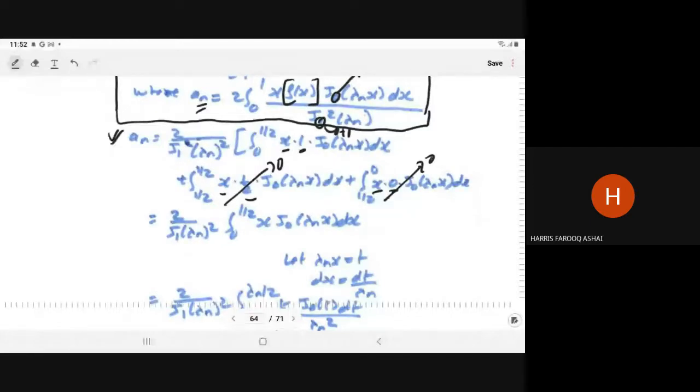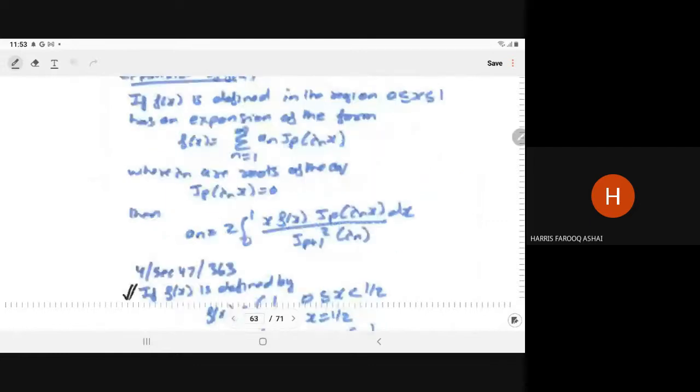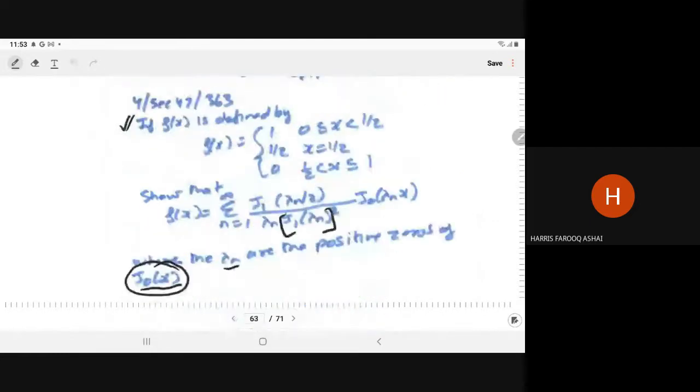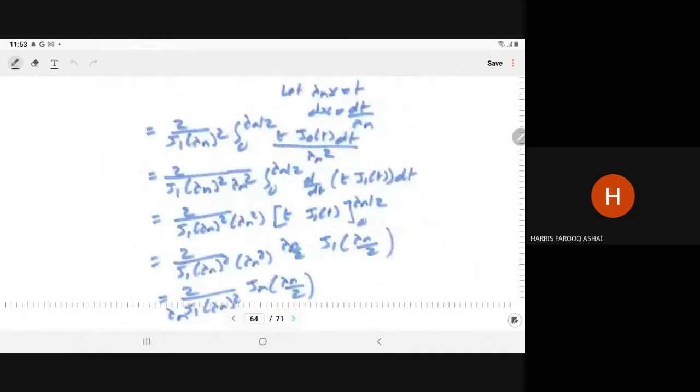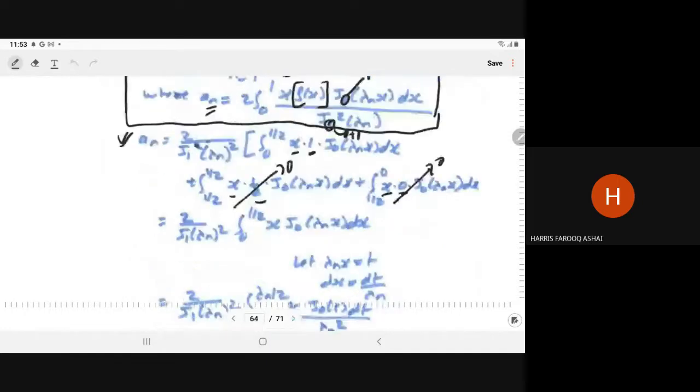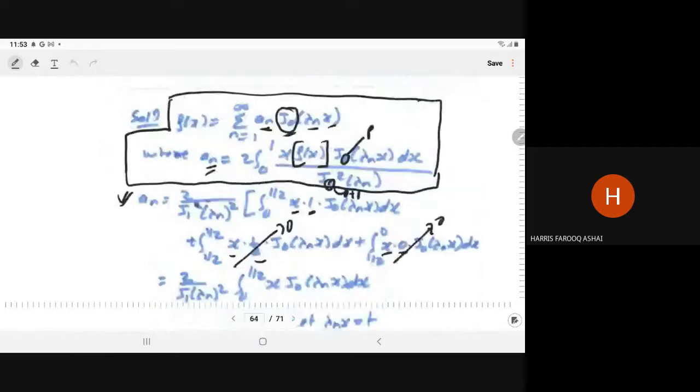Sir, can you repeat the integral of a n? f(x) is given to you, if you remember: from 0 to half it is 1, at the half it is 1 by 2, between half to 1 it is 0. So here we have to do the integral 0 to 1, which can be written as 0 to half.